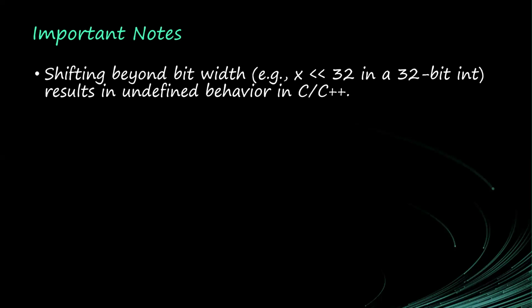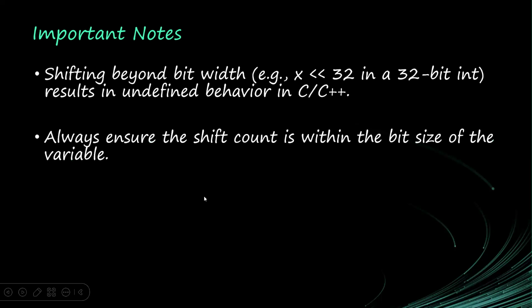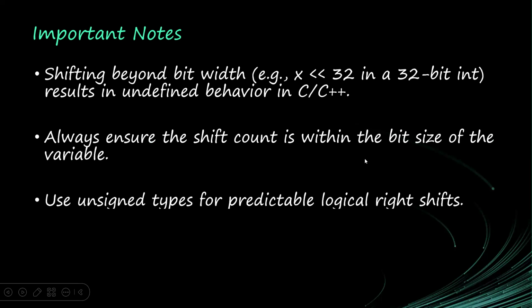This is very simple to understand. You cannot say x left shift 32 in a 32-bit integer. You cannot say x left shift 8 in an 8-bit integer. It won't work. Always ensure the shift count is within the bit size. The shift count should be at least 1 less than the bit size.